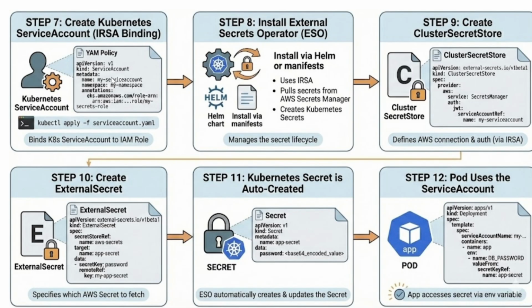Again, we'll understand what a service account is, what External Secrets Operator is, all these things at a later point of time. I'm just explaining the steps of how you can synchronize the secret. So you just create a service account over here, and in the service account, I am mapping the role that I have created. So that is a one-time setup.